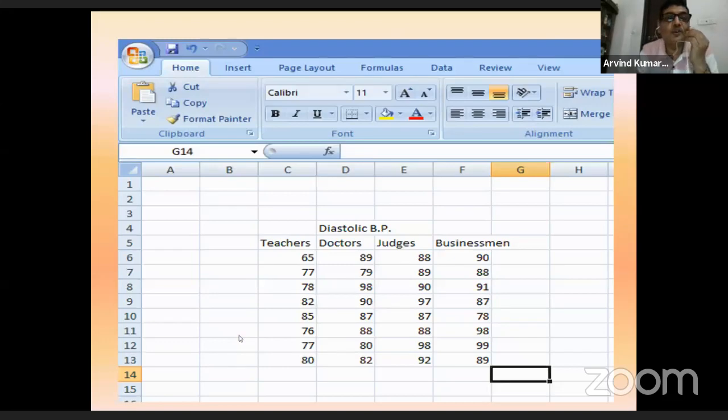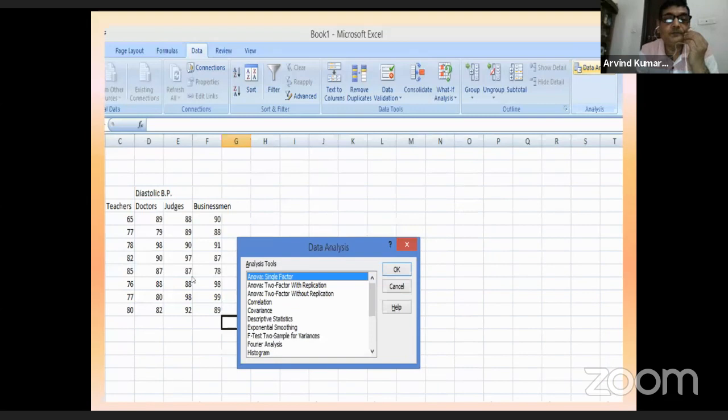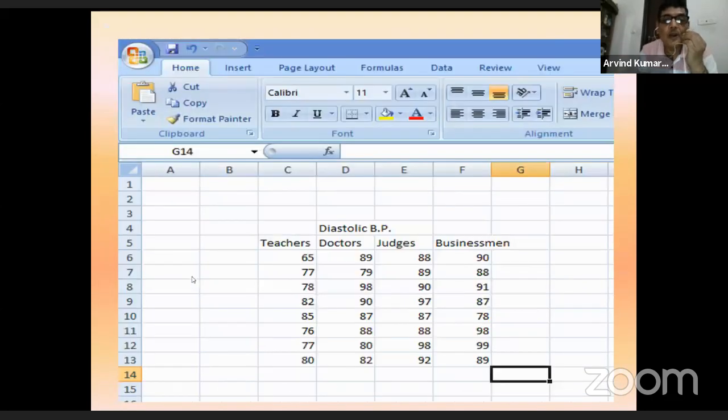Now I have shown you a particular case, like suppose we want to analyze our data, and the data is regarding the diastolic blood pressure of individuals doing different professions. So we have the diastolic blood pressure of teachers, then doctors, judges, and businessmen.